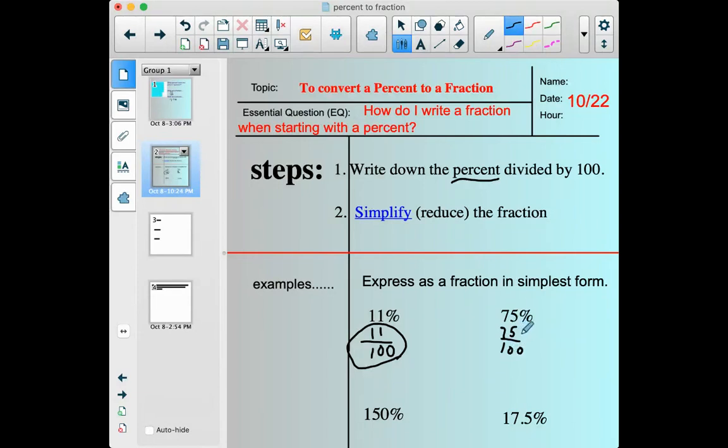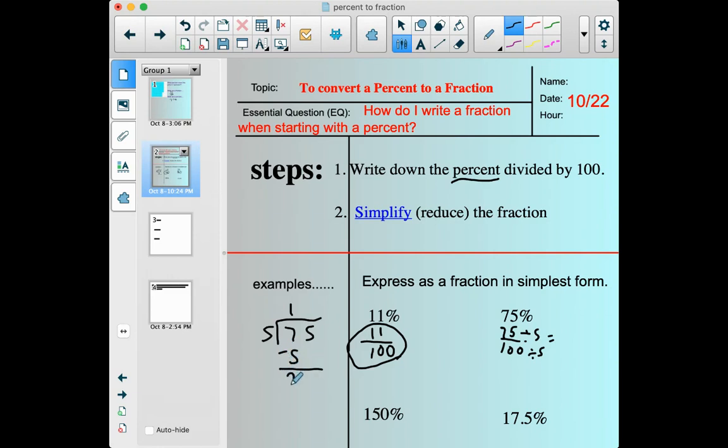And then this one we can reduce. You may be able to tell what the biggest number is, maybe you can't. If I use my divisibility rules, I see this ends with a 5 and this ends with a 0. So I know at the very least you could divide the top and bottom by 5. So if you do that, 75 divided by 5, you might have to bring that over here. 5 goes into 7 one time. 1 times 5 is 5.